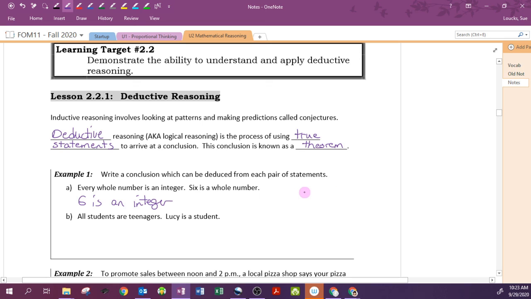If I start off with, here's my bag of integers, and my whole numbers are inside here. And because every whole number fits in that envelope of integers, and 6 is a whole number, well, 6 is also inside the bag of integers.